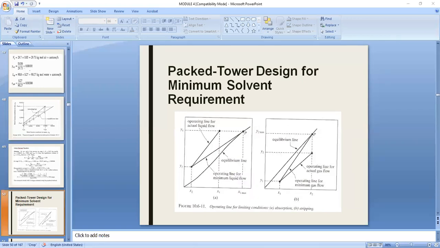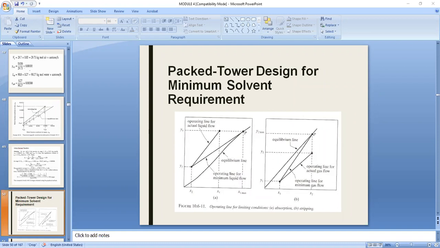So instead of moving horizontally, in this case you move it vertically, to determine the maximum amount of solute that your gas can take away from the liquid phase. As such, it's now the mole fraction of that particular component in your gas phase that you are determining.